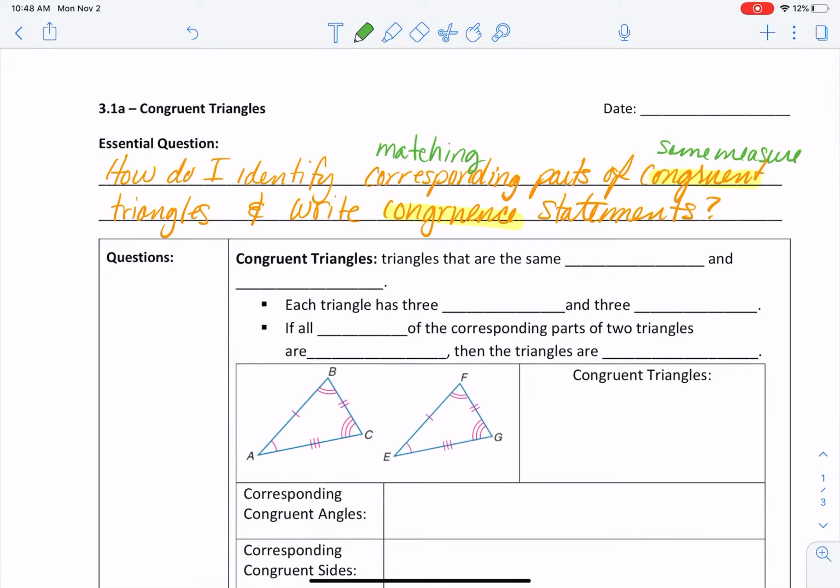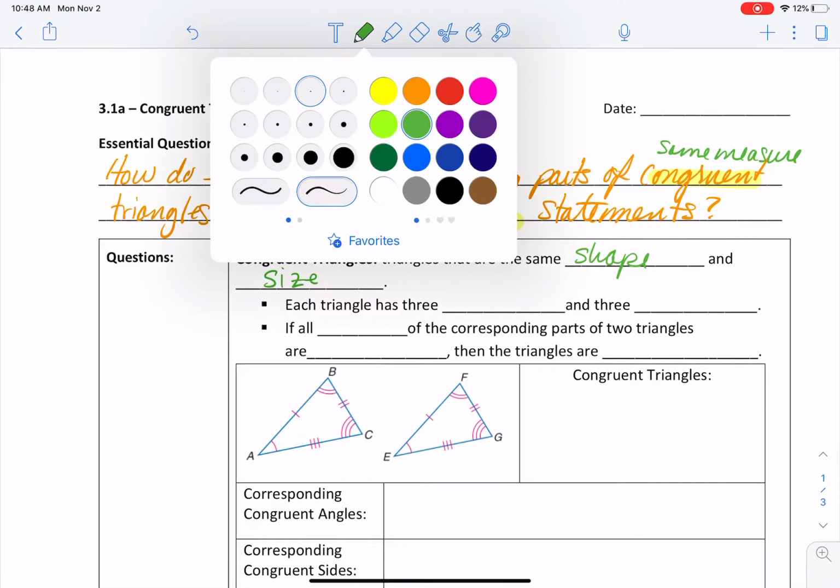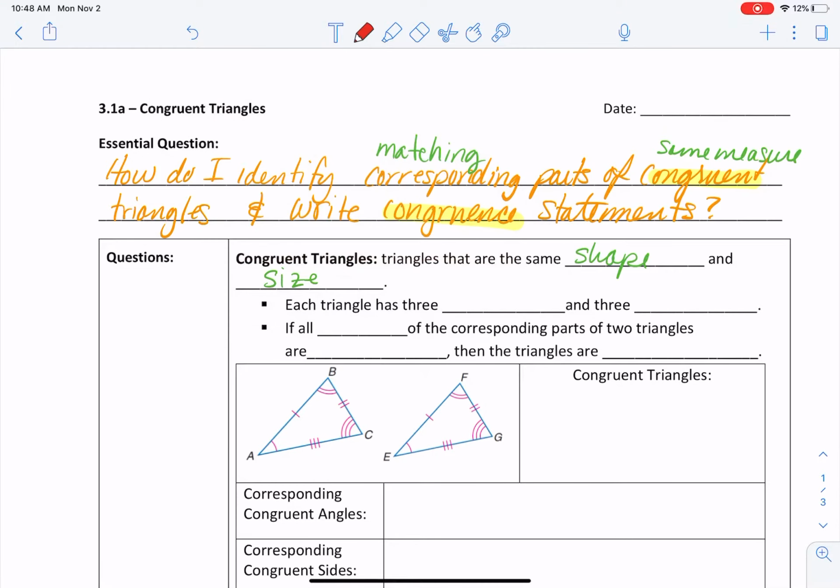So congruent triangles are triangles that are the same shape and size. They have to be both. Each triangle has 3 sides and 3 angles.